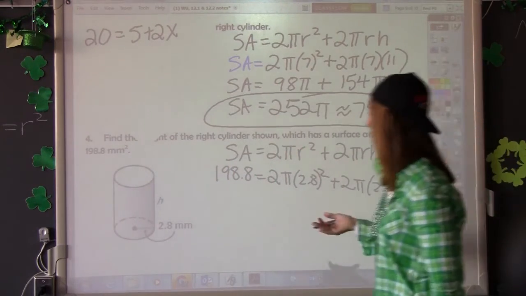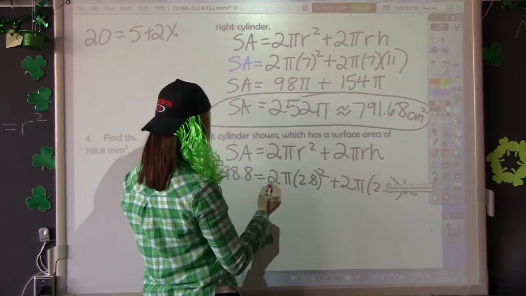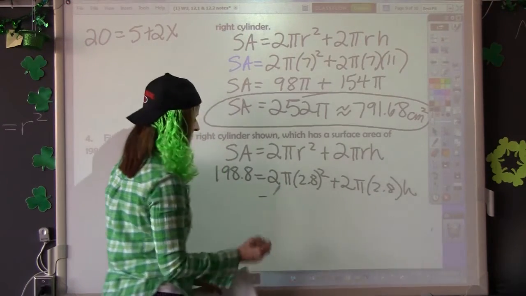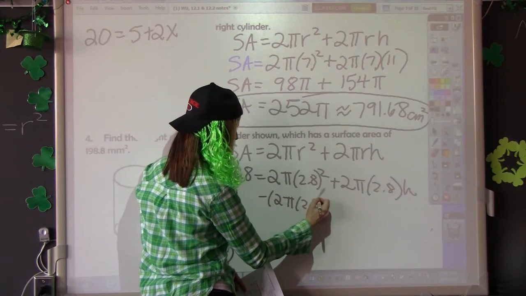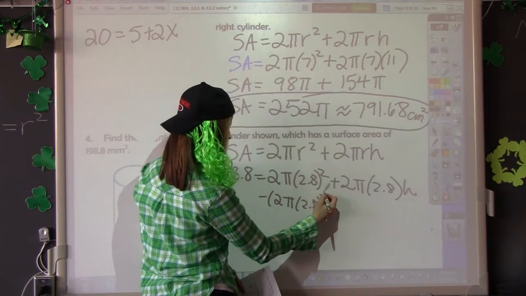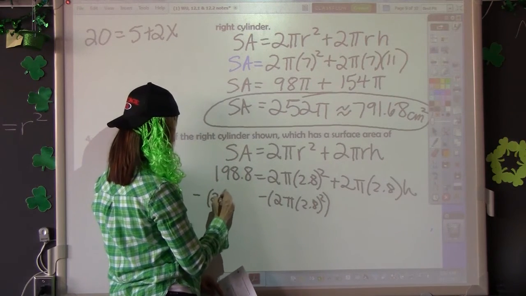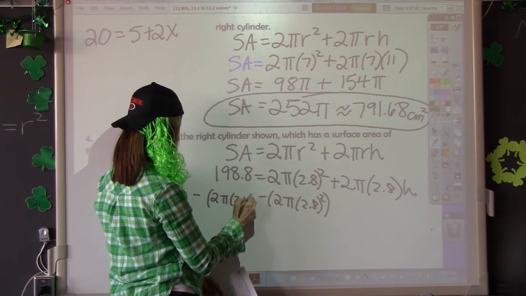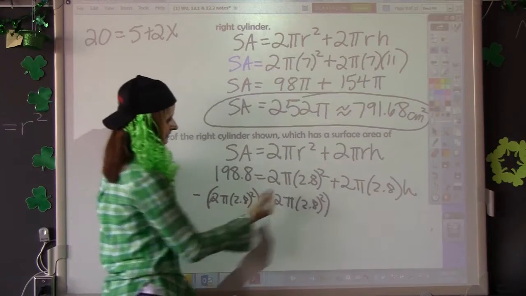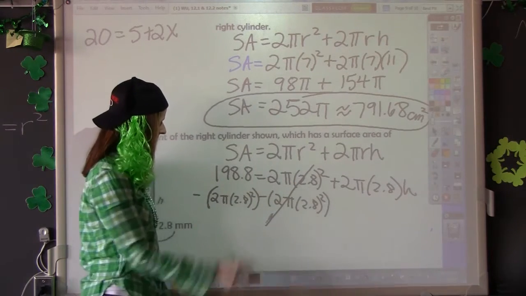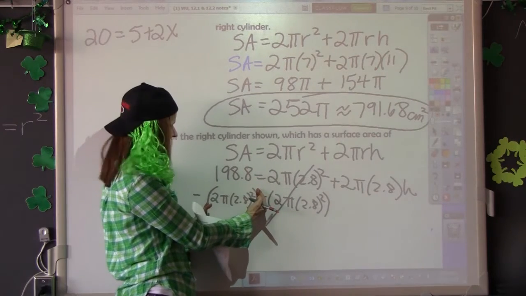If I was doing this all in the calculator, it'd be pretty simple, because we could just do 198.8 minus, now you'd have to put this in parentheses. So 198.8 minus this entire quantity.